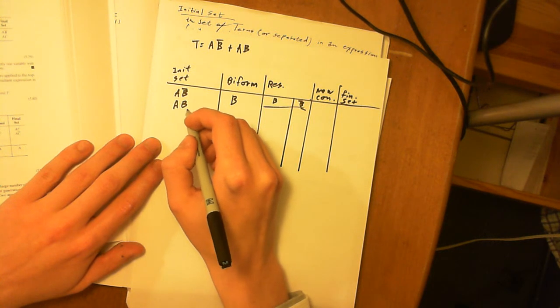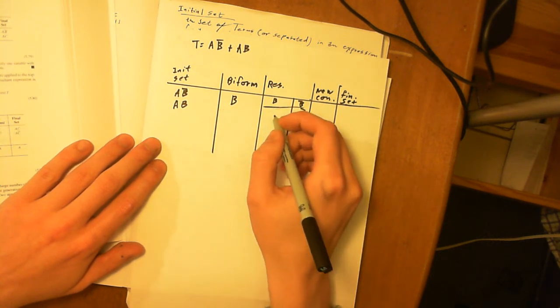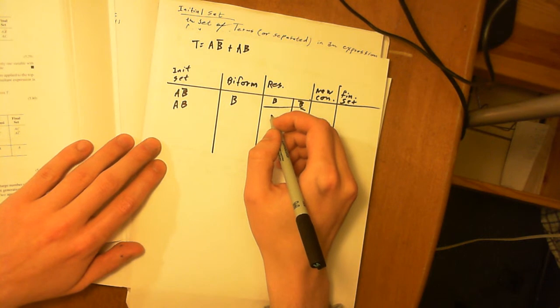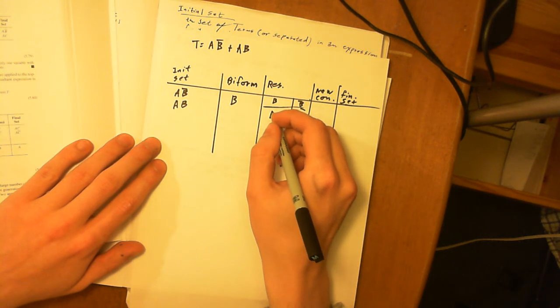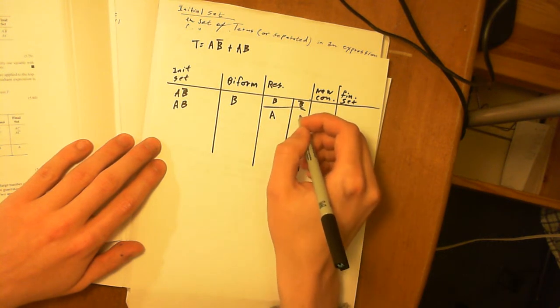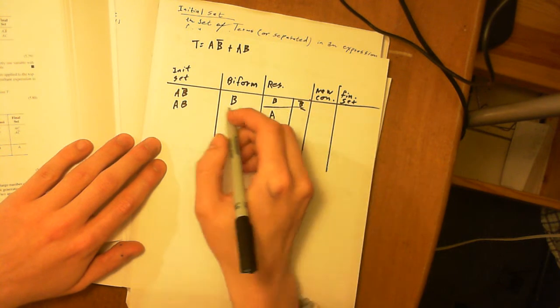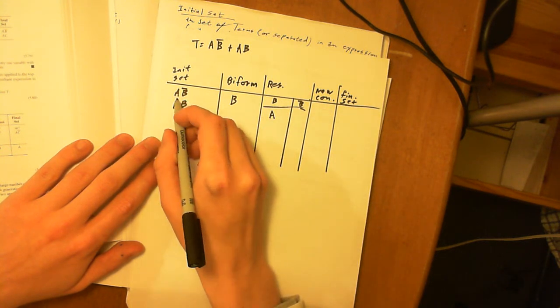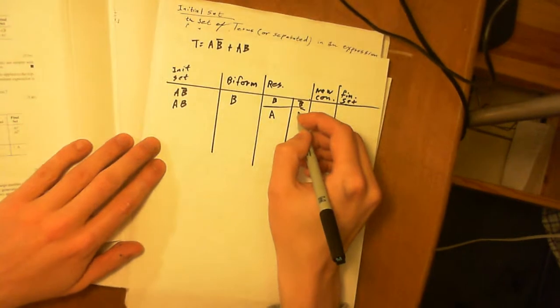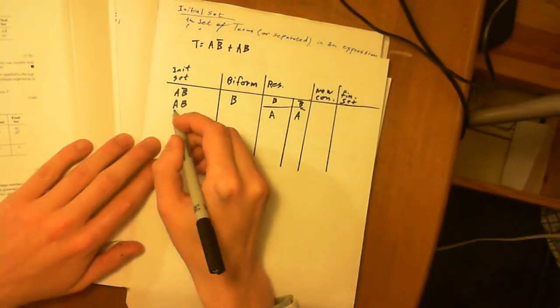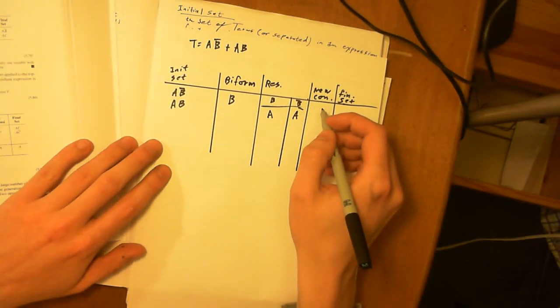But we have a B in this term here, and so our residual here is just going to be A, and then our residual here will be for the complementary residual. We just look at here and we say A, B complement, and it's going to be A again. And we ignore this one because it doesn't have the B complement in it.